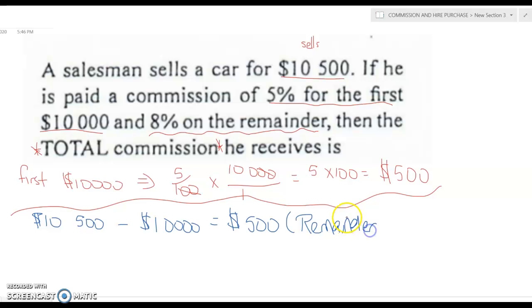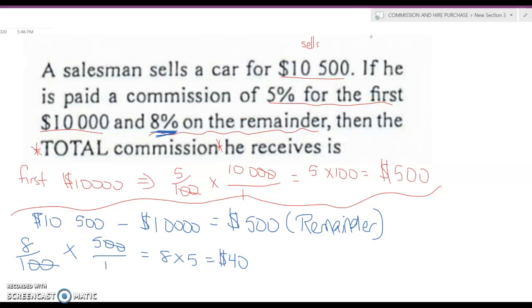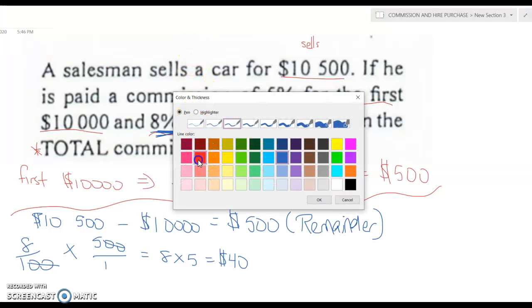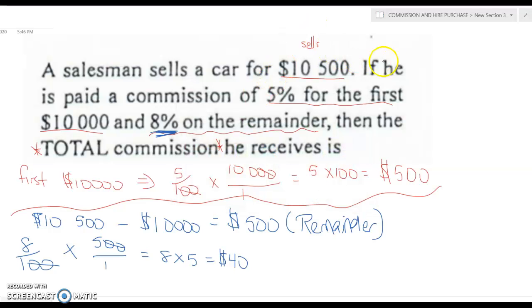How much commission does he get on the remainder? They said 8% on the remainder. So that will be 8 over 100 times that remainder of 500. Cancel those two zeros, cancel those two zeros. And then 8 by 5 is $40, right? And now let's just change the color of the pen one more time. And then we want to find the total commission, right?